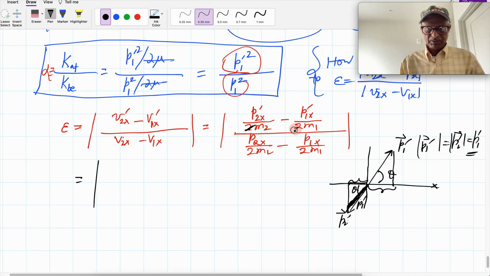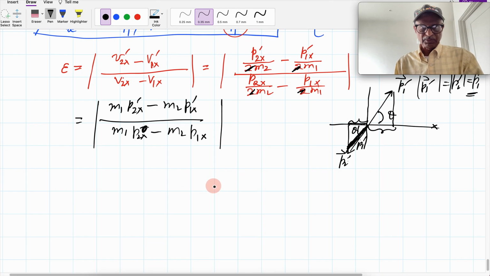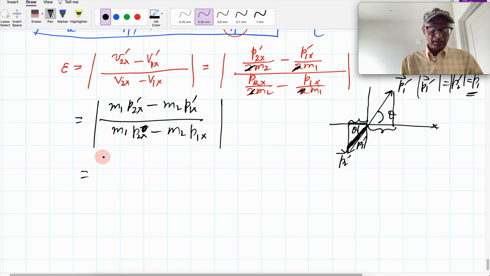So first just get rid of all the 2's down there, and then let's write down m1 p2x prime minus m2 p1x, and this is not prime. All right, and then what do we have?